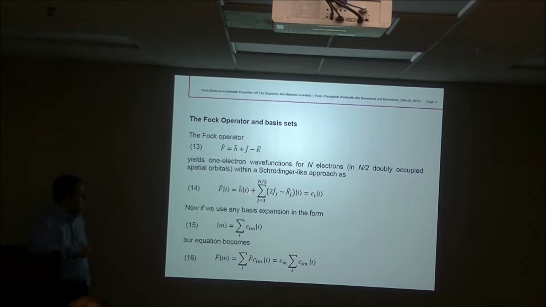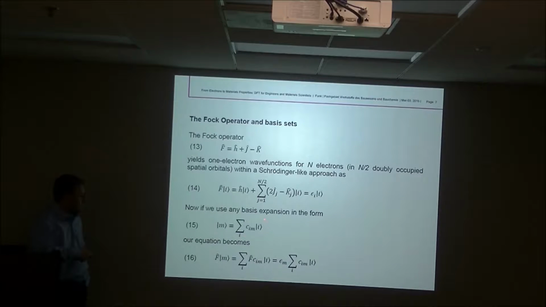Now our problem is that we are not dealing with eigenfunctions. We want to vary, we want to find a basis. So for this we need basis functions. Let us say these are basis functions taken from whatever single atoms, from hydrogen atoms, whatever we have.